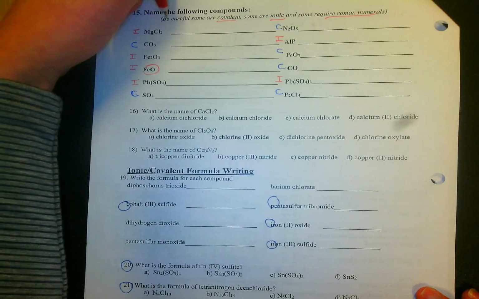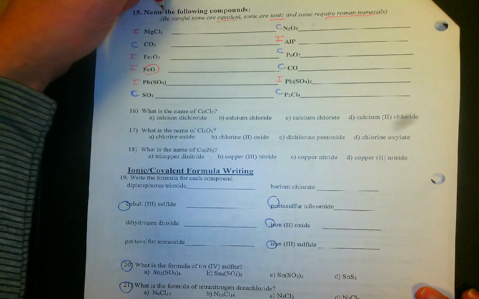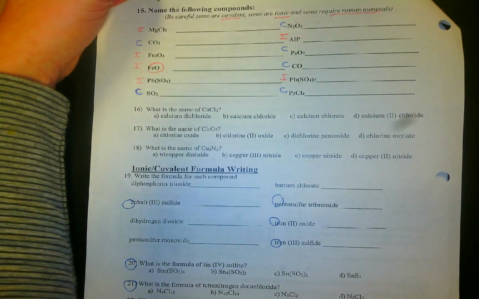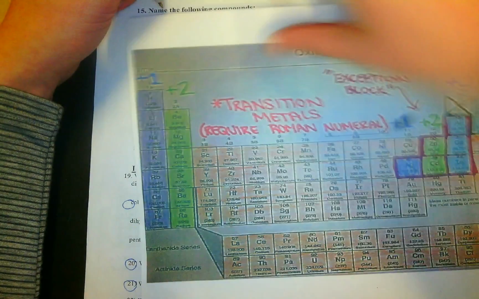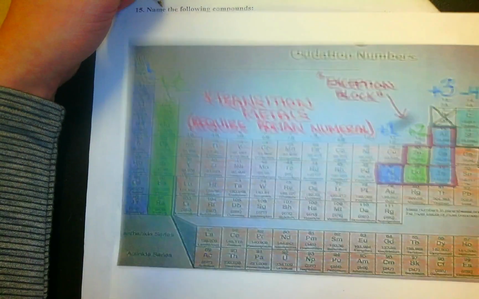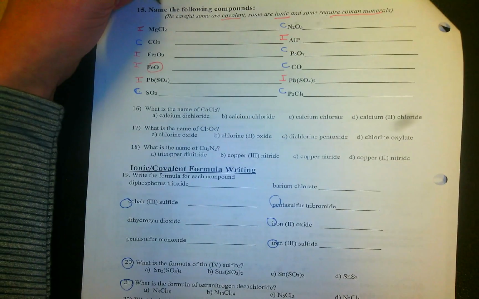So I want to look at magnesium and think to myself, does magnesium need a Roman numeral? And if it helps, you can look at this list. I see magnesium is right there. It does not need a Roman numeral, so I am safe.